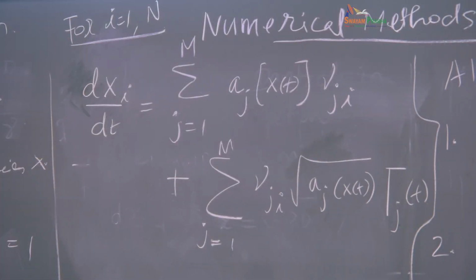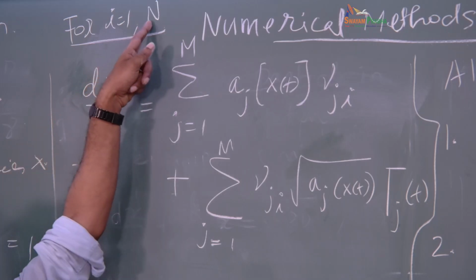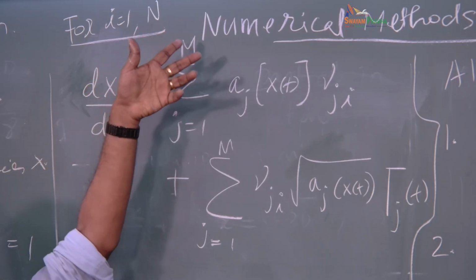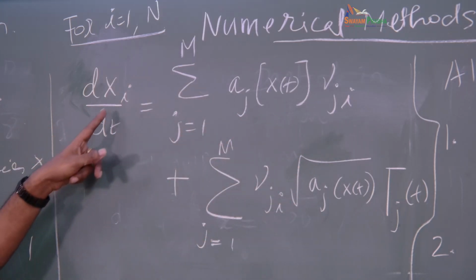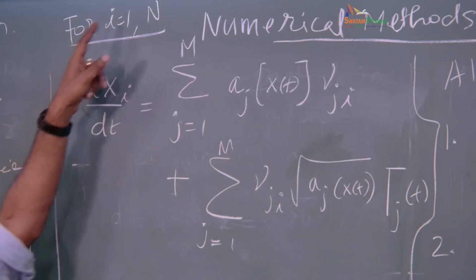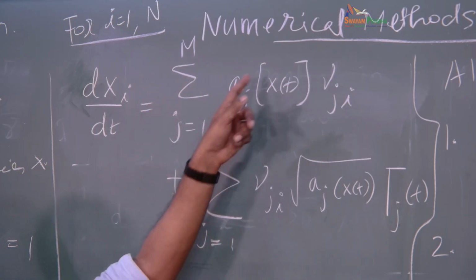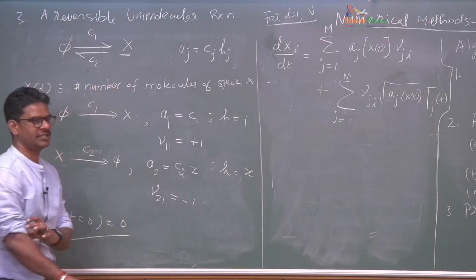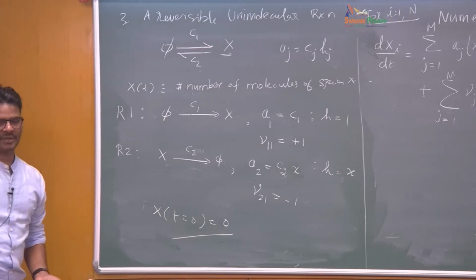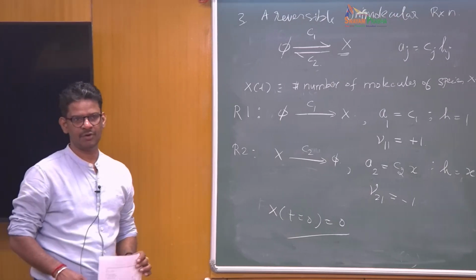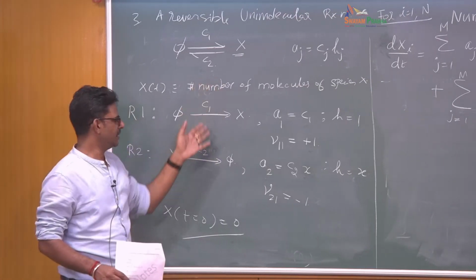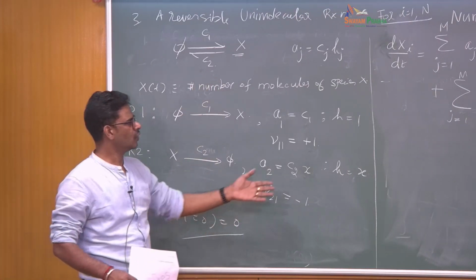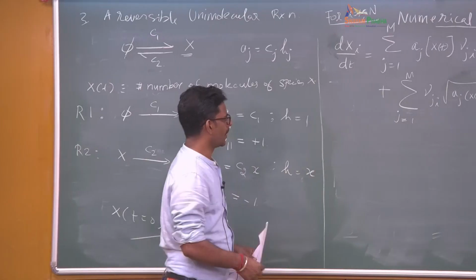So we wrote that for n number of species interacting via m number of reactions, this is a chemical Langevin equation written for each species i, where i goes from 1 to n. These summations are for all the reaction channels. So this is a general expression for n species reacting through m reactions. Now we know that there is only one species and there are only two reactions, and we know all the parameters that we need here.